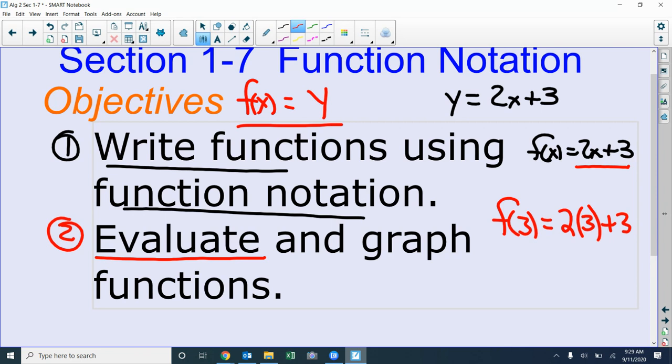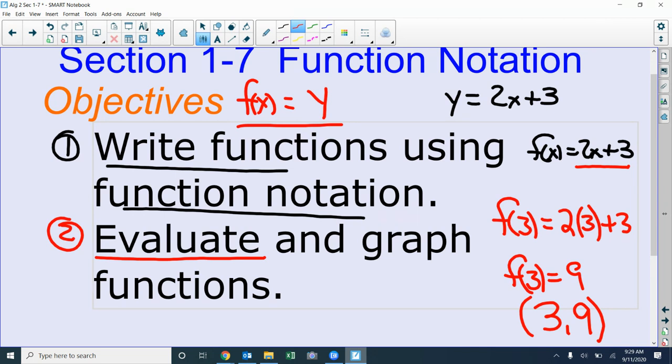So f of 3 equals 9, or it is the coordinate x at 3, y at 9, isn't it? Algebra 1 stuff, everybody, isn't it? Pretty straight up, nothing that's rocking us yet.